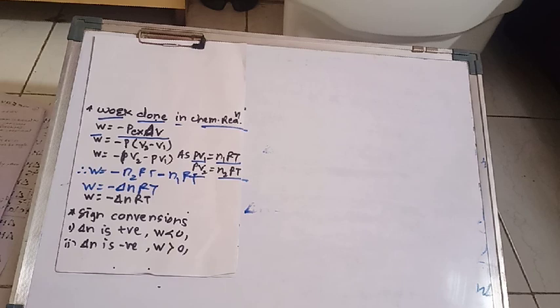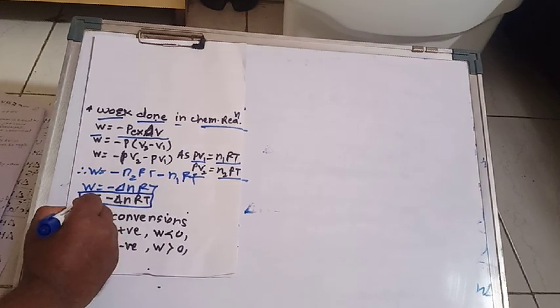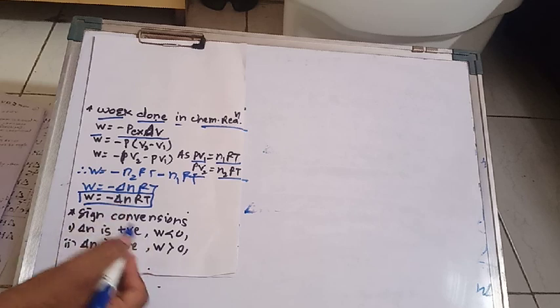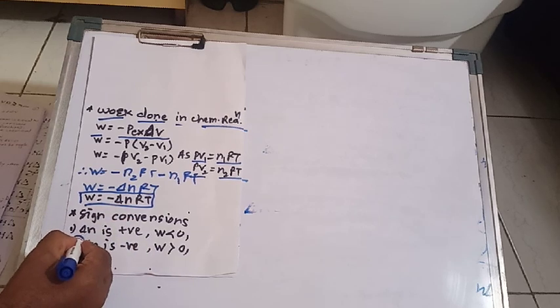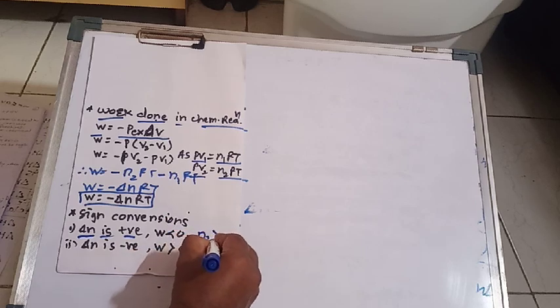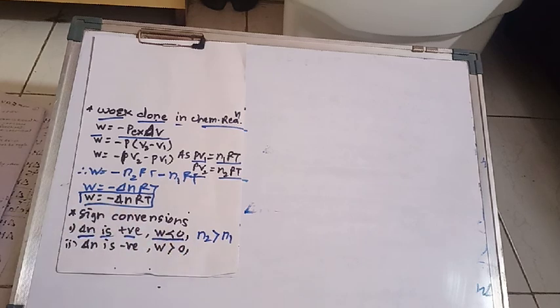A question can be asked: derive the equation for work done for a chemical reaction. The next point is sign conventions. If delta n is positive, that is n2 is greater than n1, then work done is less than 0, that is negative.